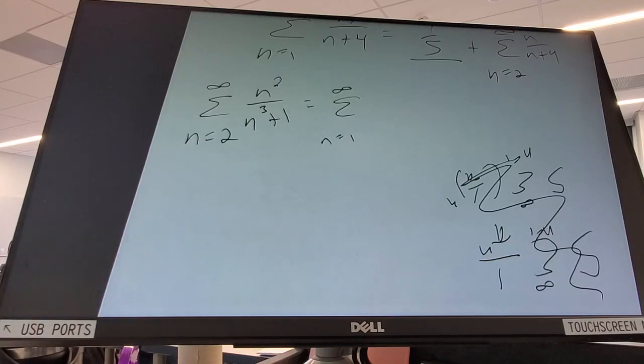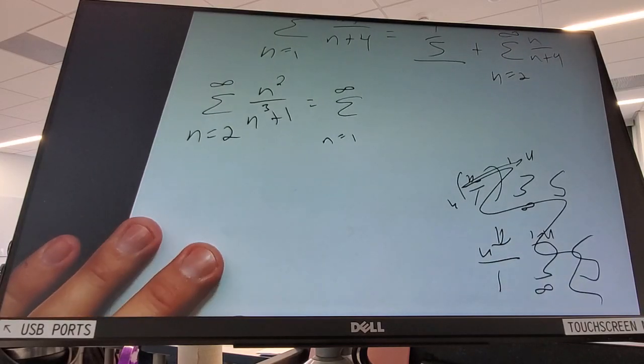So whatever I write here, it better give me a 4 on top when I put a 1 in, yes? Okay, maybe. So, I am making my n go down by 1. To compensate for that, what do I do with my n's inside here? Increase them, yes. So this is a very algebraic idea.